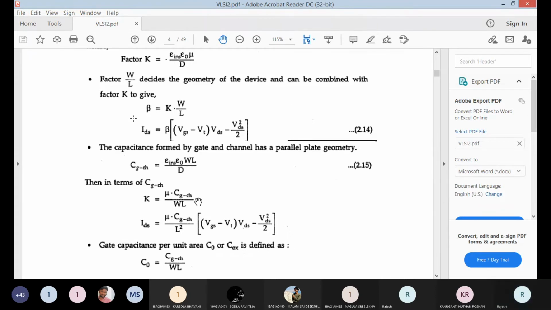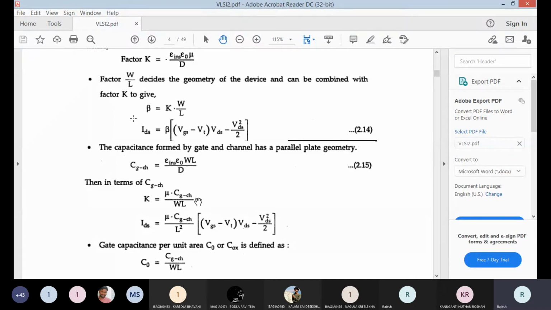Then if VDS is greater than VDSat, so that occurs at a voltage of VDS equal to VDSat, your IDS becomes constant. So equation 2.14 is covered to tell the current versus voltage relation in 3 regions of MOSFET operation.